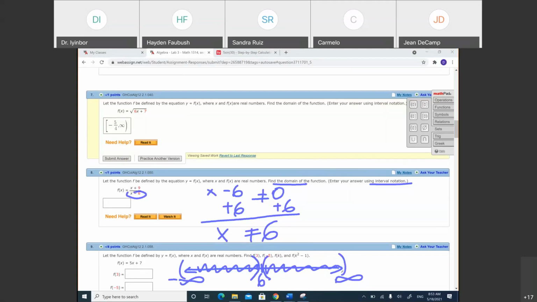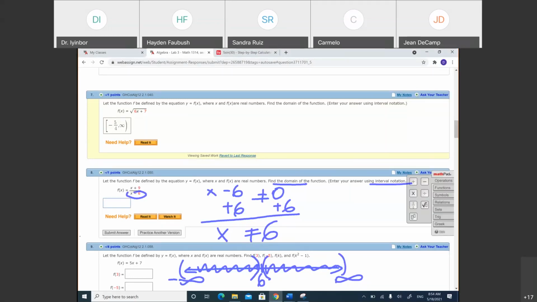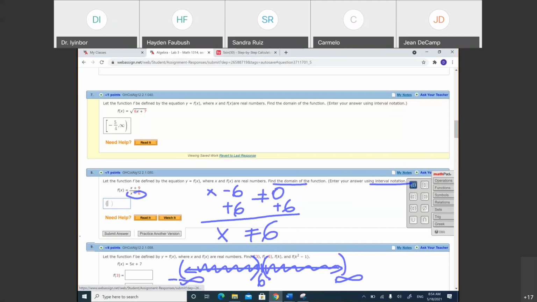And this is how you enter your domain. So I'm going to show you parentheses. In the answer box, I'm going to go to sets, and I'm going to use the parentheses first. So I'm going to put negative, and the symbols are going to give me infinity, comma 6, and then I need to close the parentheses. And then after that, you're going to use the union symbol, which means also.